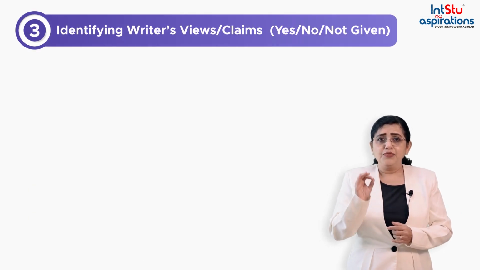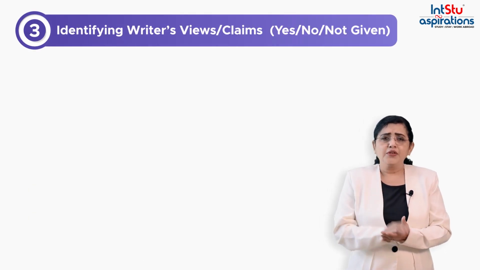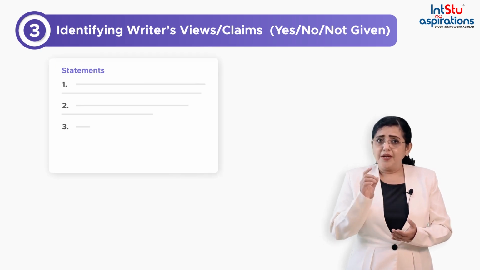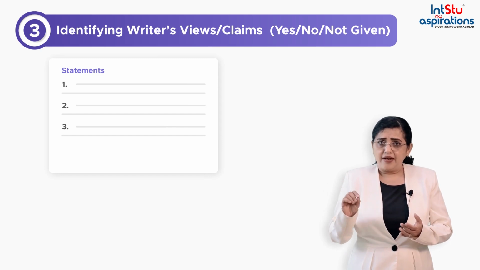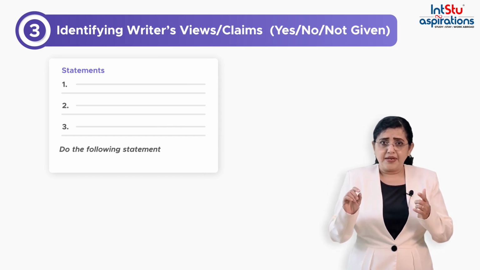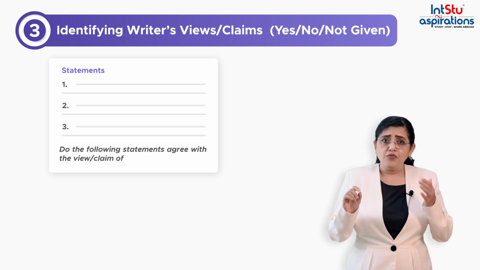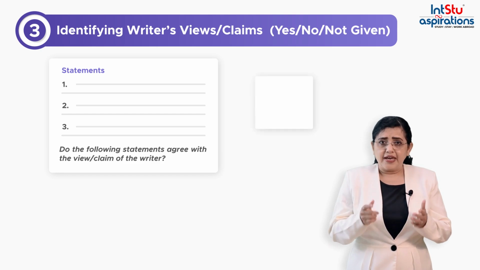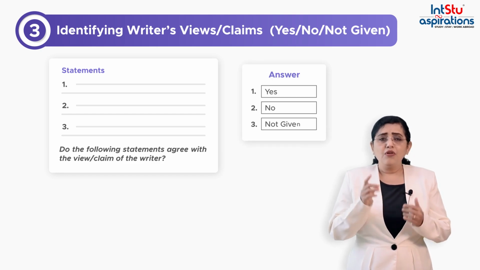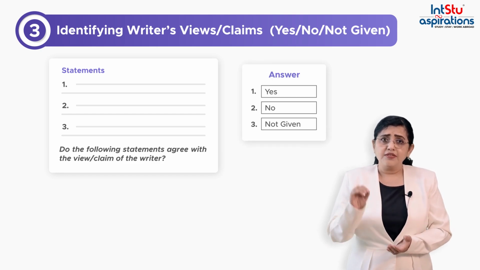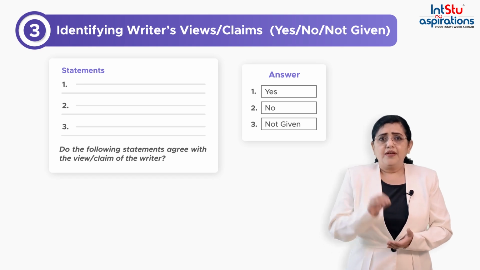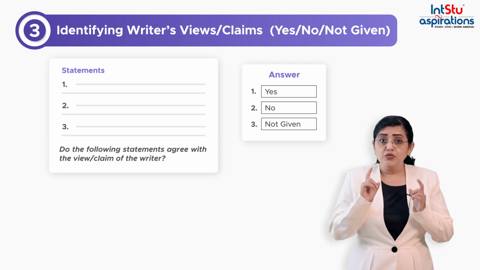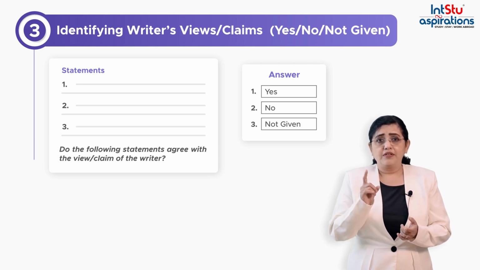Identifying writer's view or claims, or it could be yes, no, not given. Test takers will be given a number of statements and asked, do the following statements agree with the view or claim of the writer? They are required to write yes, no or not given in the boxes on their answer sheet. It is important to understand the difference between no and not given.